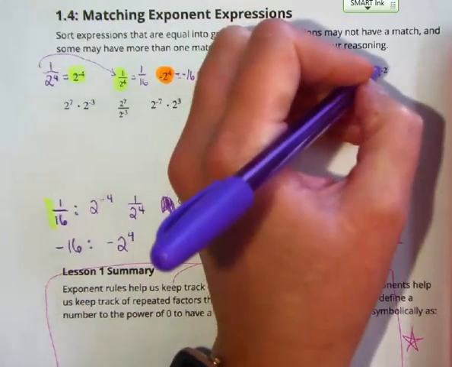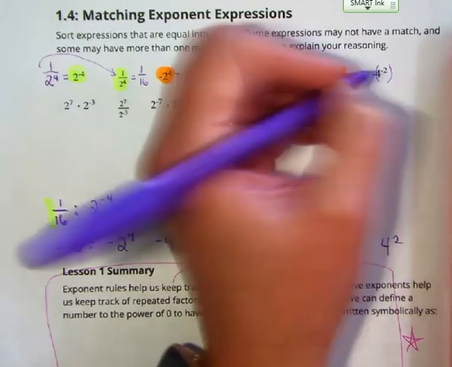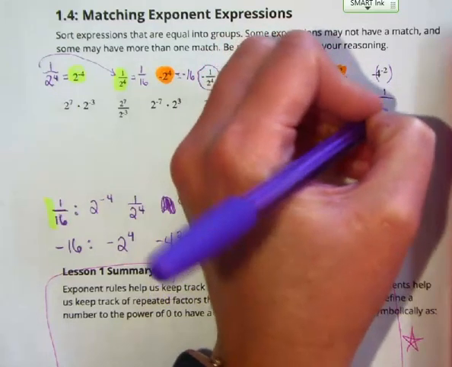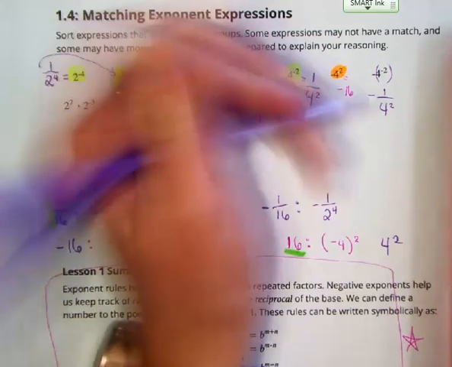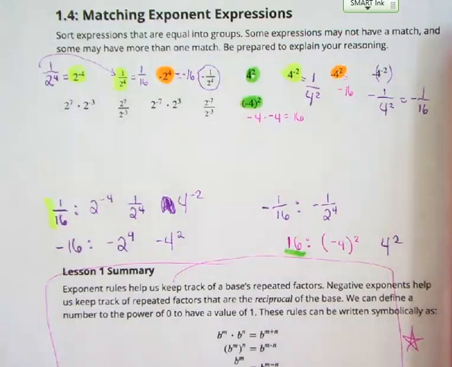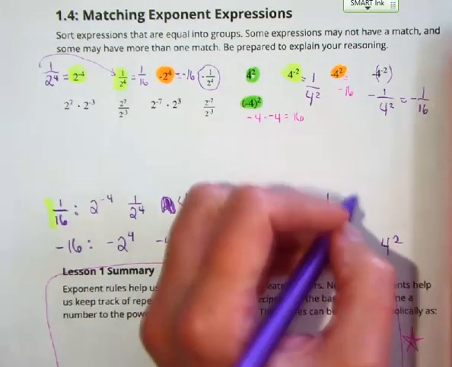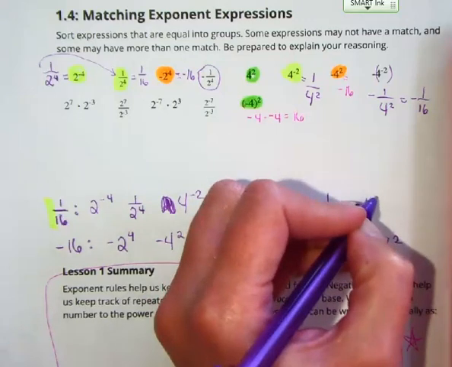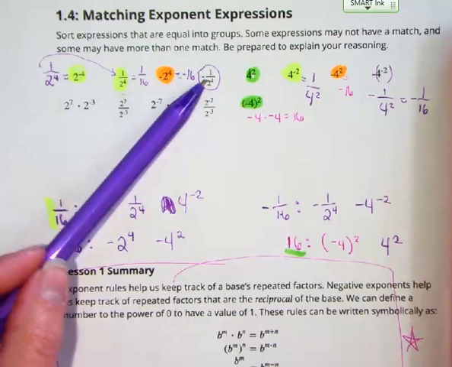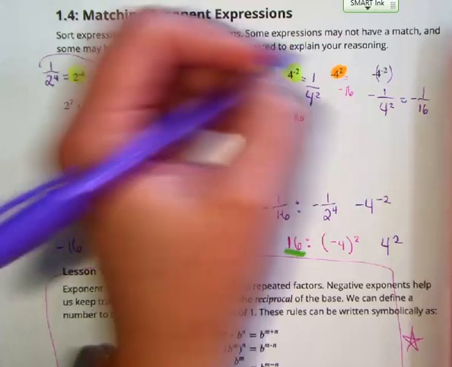Ugh. The negative only applies to the 4. The exponent only applies to the 4. So we have negative 1 over 4 squared. 4 squared is 16. Negative 1/16. We have that here. So a negative 4 to the negative 2 power.